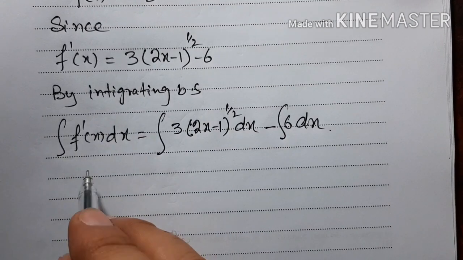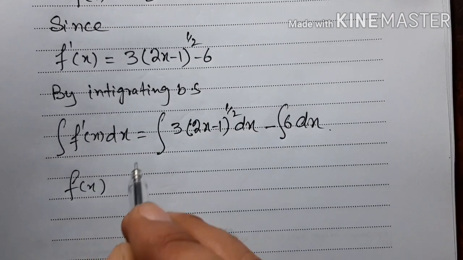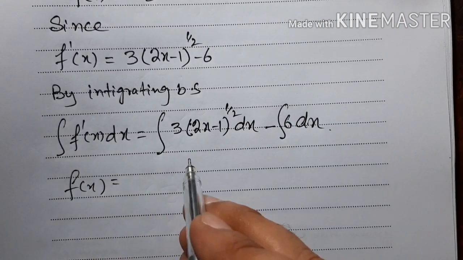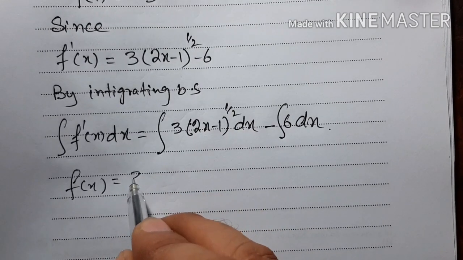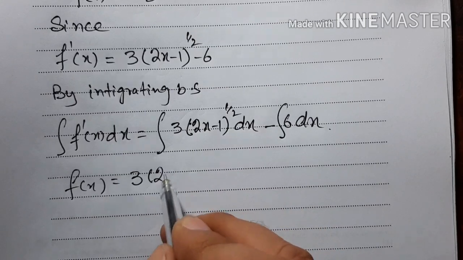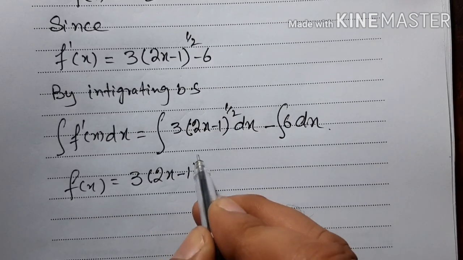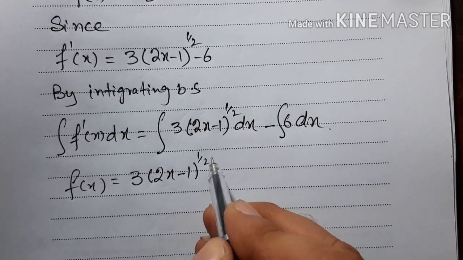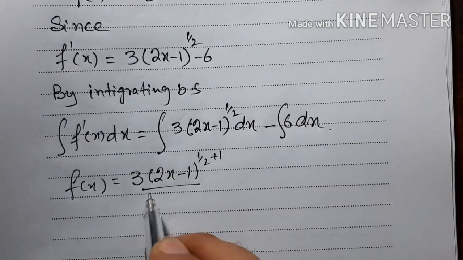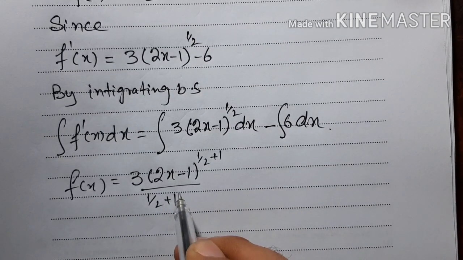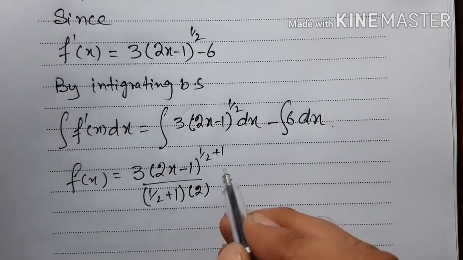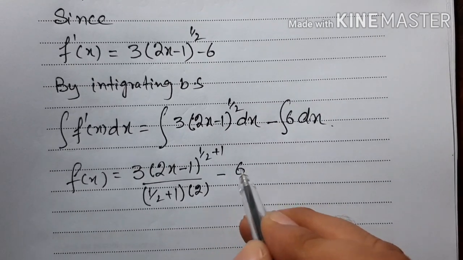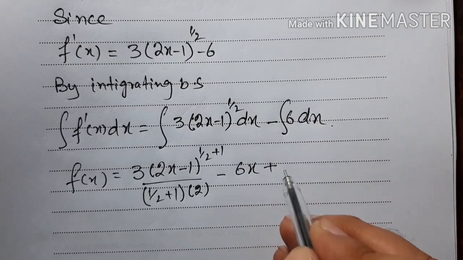So fx is equal to 3 into 2x minus 1 power 1 by 2 plus 1 over 1 by 2 plus 1 into the derivative of the inner function, which is 2, minus 6x plus c.